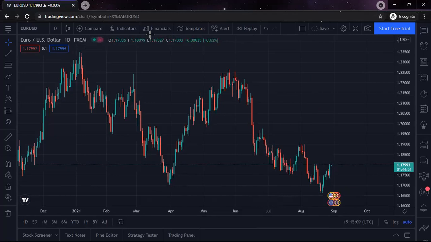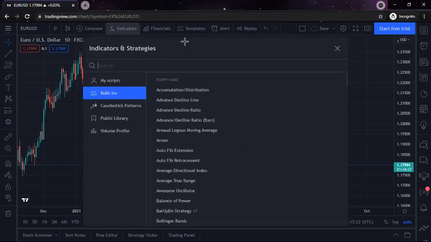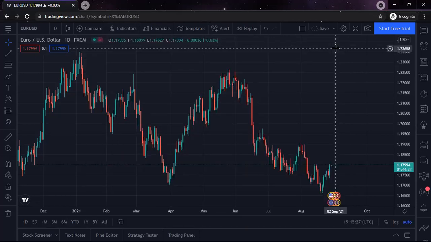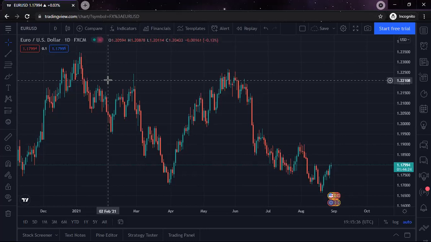So let's add our indicator to this chart. I hope most of you know how to add an indicator to your chart. This website or chart site is called TradingView. You go to your Chrome and type tradingview.com.